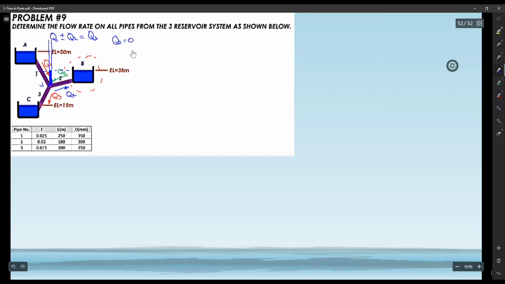Okay? So, guys, ganito yung magiging equation natin. Sabi doon, if Q1 is greater than Q3, ibig sabihin, mas malaki yung Q1. So, ibig sabihin, ang Q2 is papasok yung tubig niya. Or ito yung magiging tamang flow ng Q2.